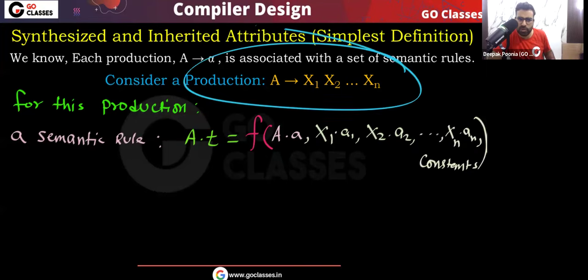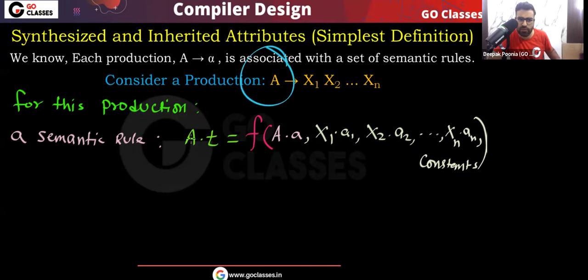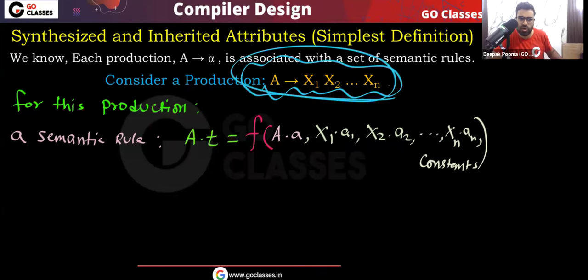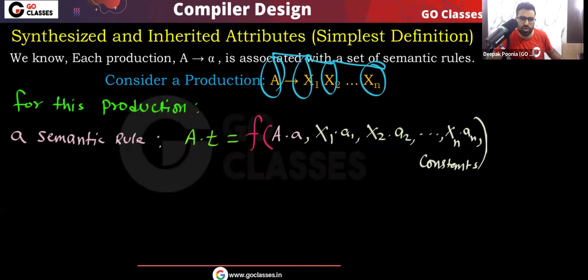Corresponding to this production, if I write a semantic rule where I compute an attribute of LHS, I am computing it in terms of attributes of the symbols in this production: attributes of A, x1, x2, and so on, xn, and also constants. Constants are also allowed.